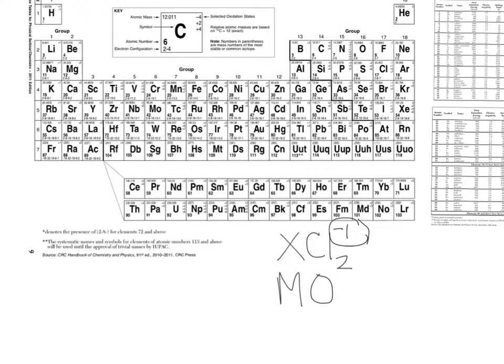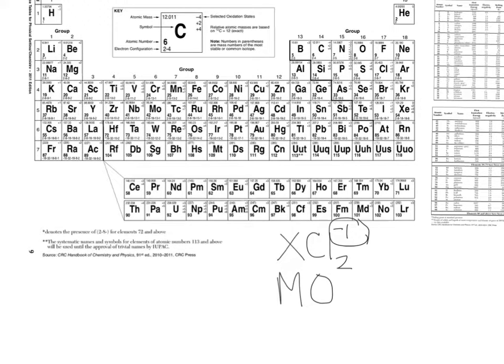Now you'll also notice this subscript here, and that's telling you that you needed 2 chlorines in order to pick up the electrons that element X, our unknown element, wanted to either give up or share.